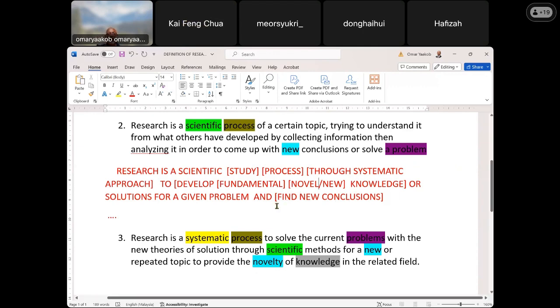It can also aim to develop new theories and explanations, and it can challenge existing knowledge and propose new frameworks for understanding the world. So I agree with this statement. Which statement? To develop new knowledge. Develop new knowledge. Okay. What about others?